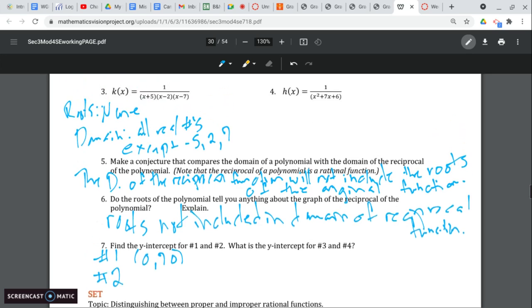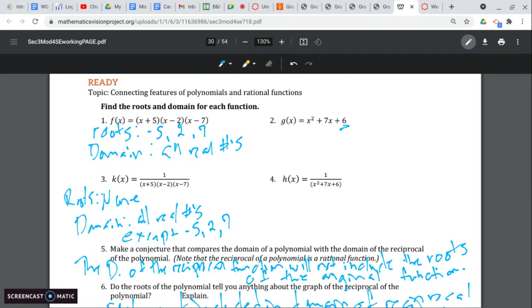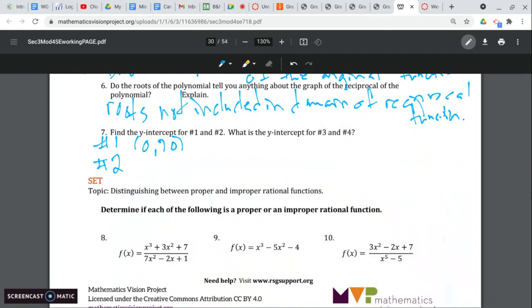For number 2, it's already in standard form, so our y-intercept is the 6. So 0, 6. Now for 3 and 4, it's the reciprocal of that. So for 3, it'd be 0 and 1/70th. And for number 4, it'd be 0 and 1/6.